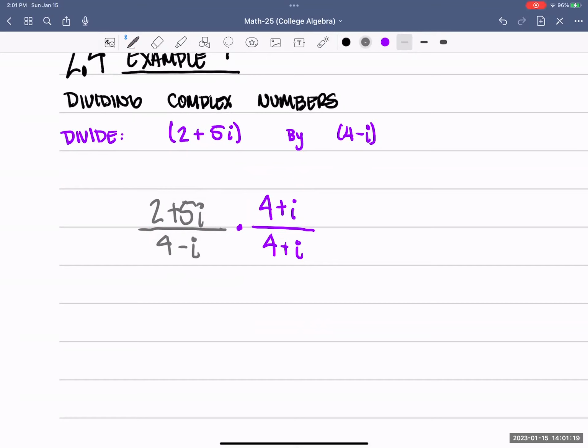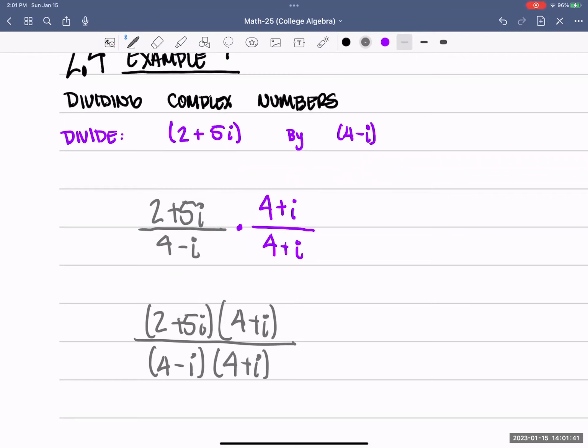Treat the i as if it were a variable, and then we'll worry about the i squared in the next step. So first, multiplying our 2 plus 5i times 4 plus i. We're dividing that by 4 minus i times 4 plus i.